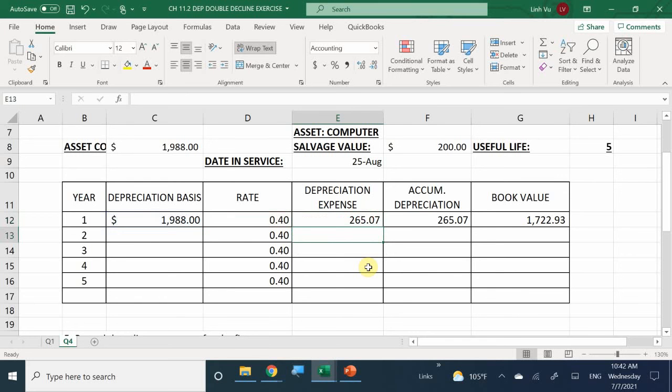Now, that was for the whole year, and this reflects just 4 months, so we have to recalculate our book value. Excel did it right, because I cell referenced. The book value for September should now be 1722.93.